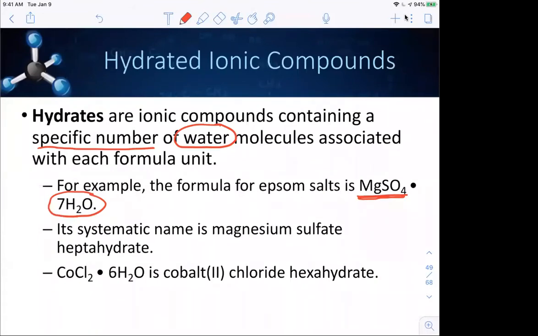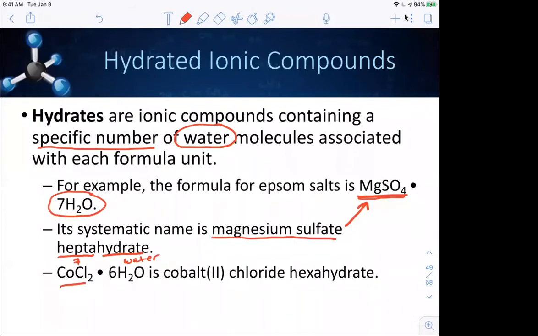And this would be called magnesium sulfate heptahydrate. Hepta means 7, and hydrate means water. And I think everybody knows that intuitively.